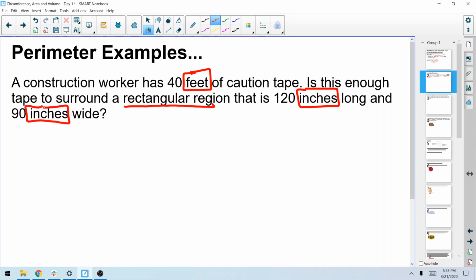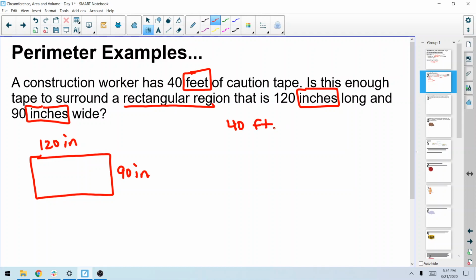So keep in mind we're dealing with feet and inches.